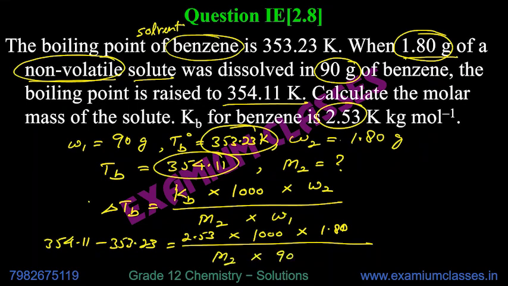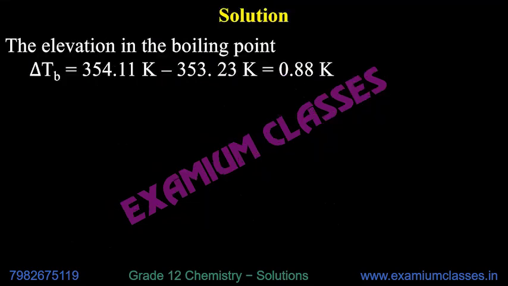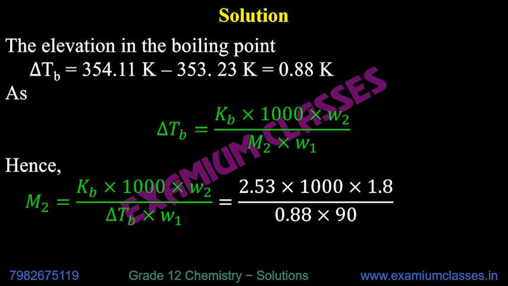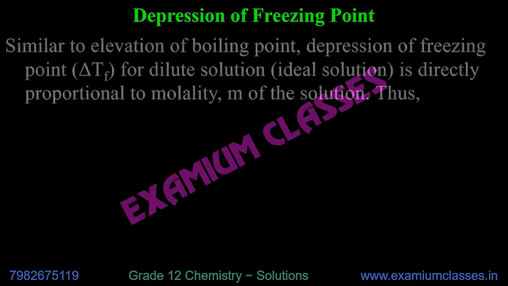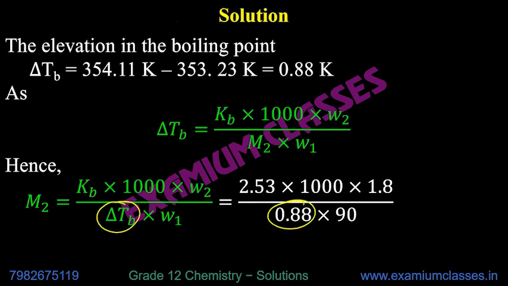W1 is 90. Substitute all the values. So delta TB is actually the difference, you will get 0.88, 354 point something minus 353 point something, and you will get the answer.